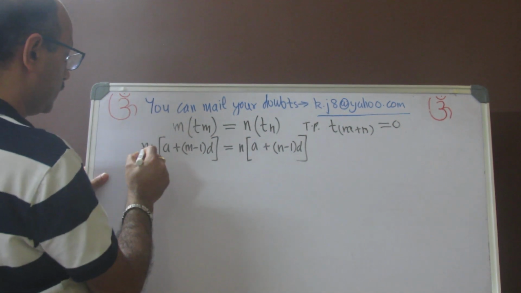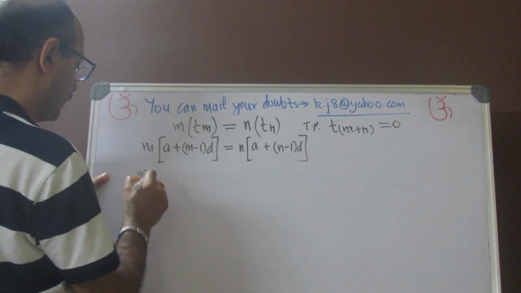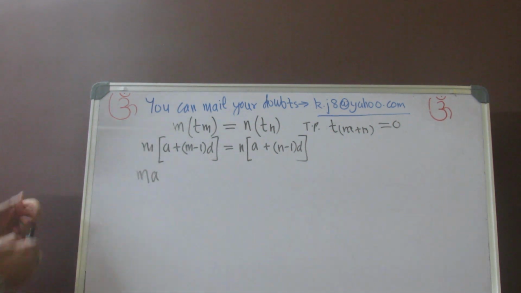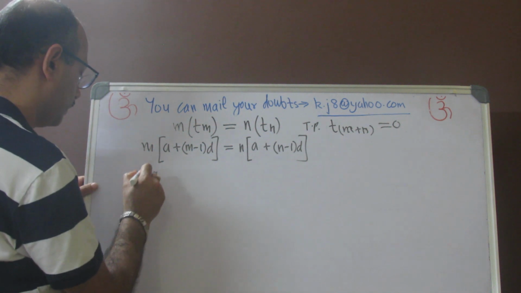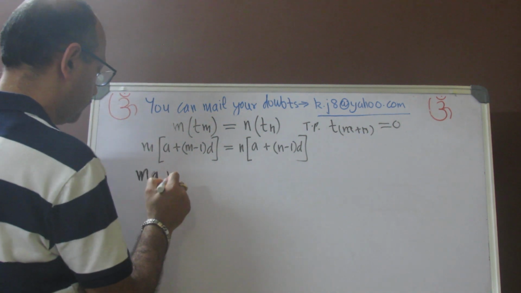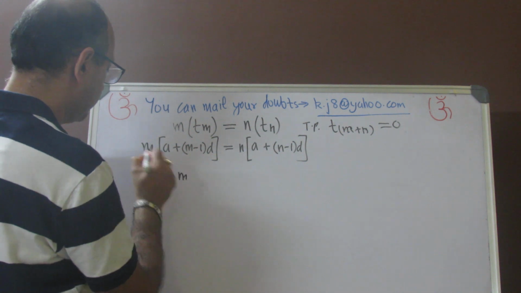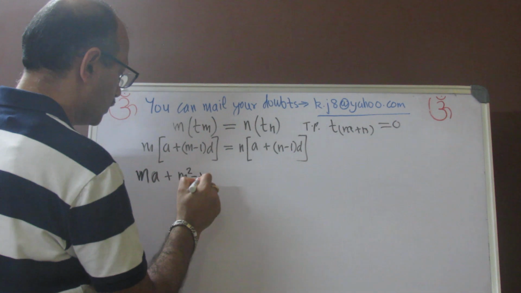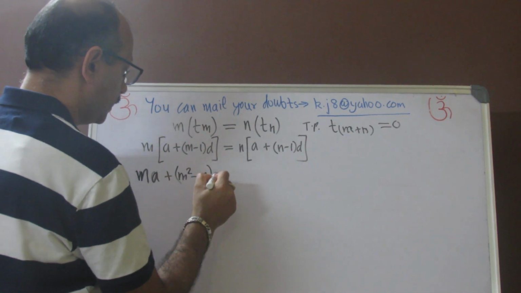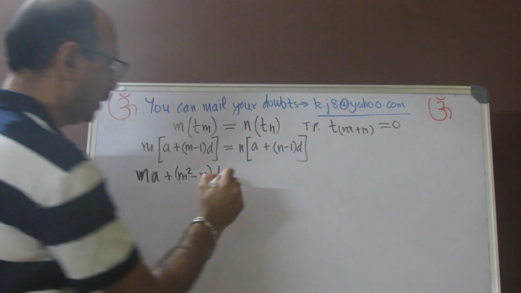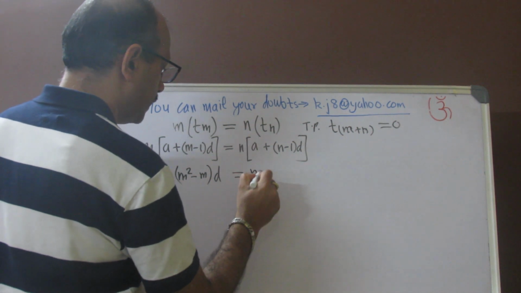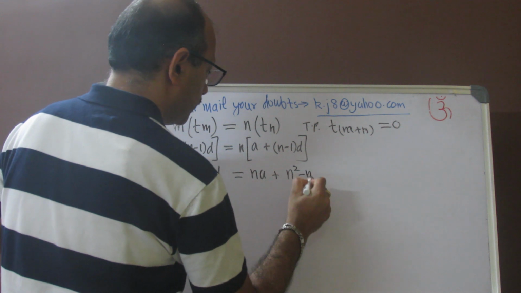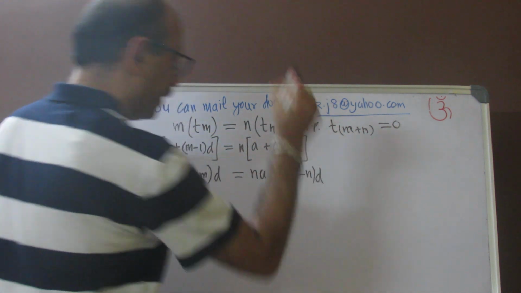So let us do this. M into A gives me MA, and so we have MA plus M into M square, M into minus 1 minus M into D equals NA plus N square minus ND.